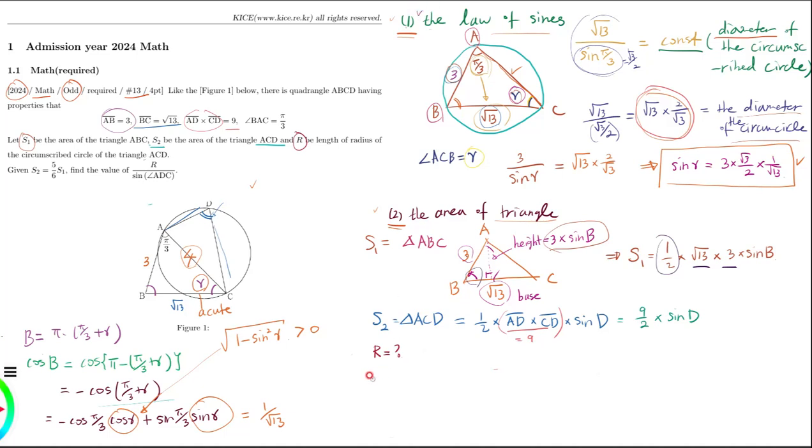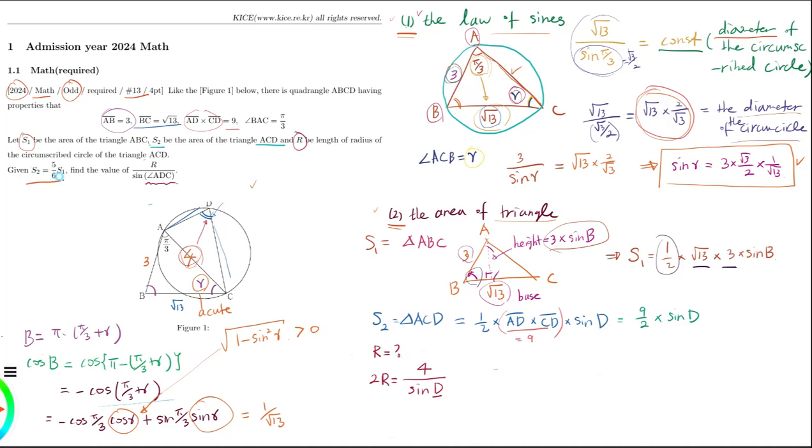It's actually the diameter. The value of the diameter is the same as 4 over sine of its opposite angle, sine capital D. This angle ADC, I just denote it as capital D here.